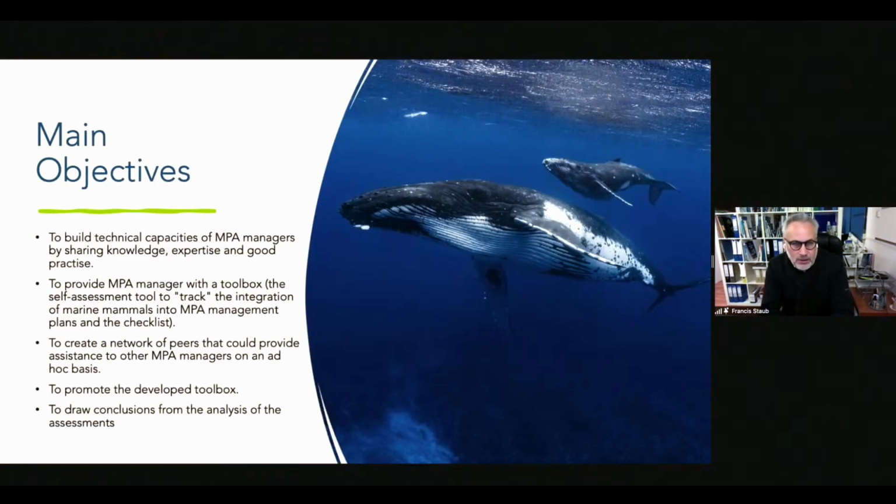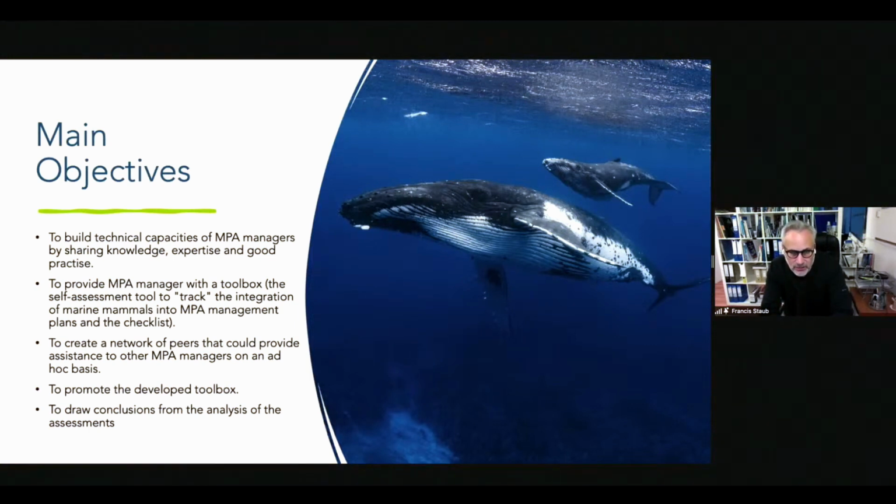So I'm going to very briefly present the objective of the twinning on marine mammals. As mentioned by Puri in her short introduction, this twinning is one of the activities of the EU-funded project on ocean governance. The twinning was created back in 2016.